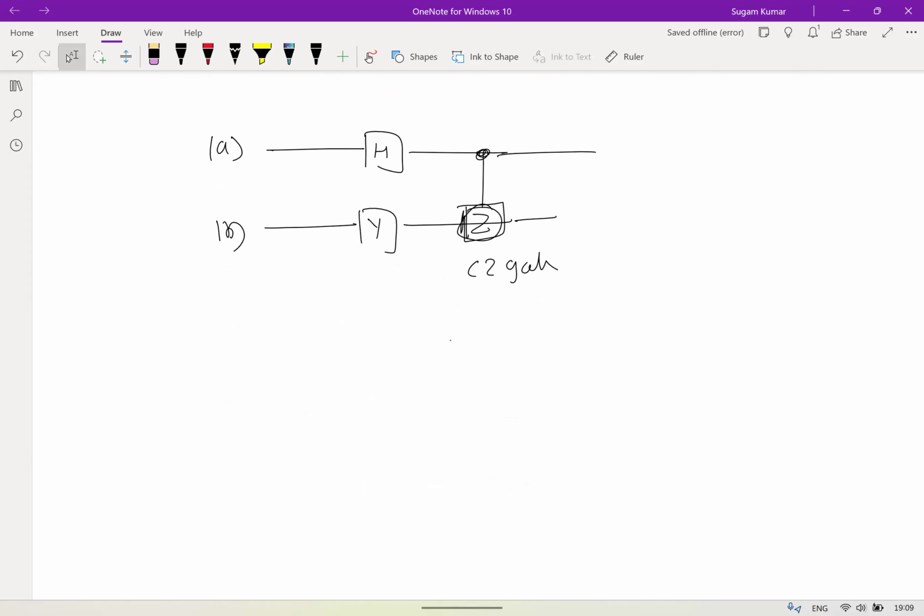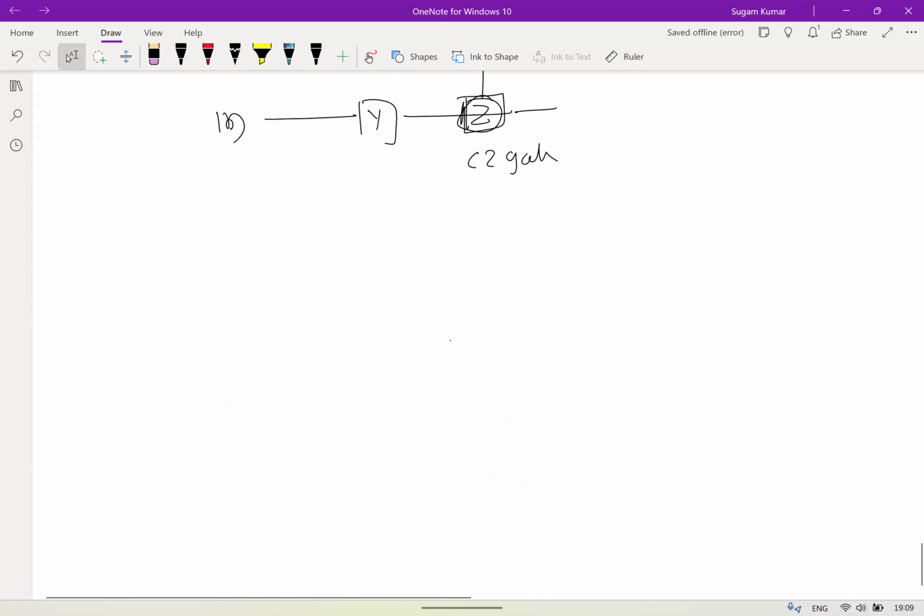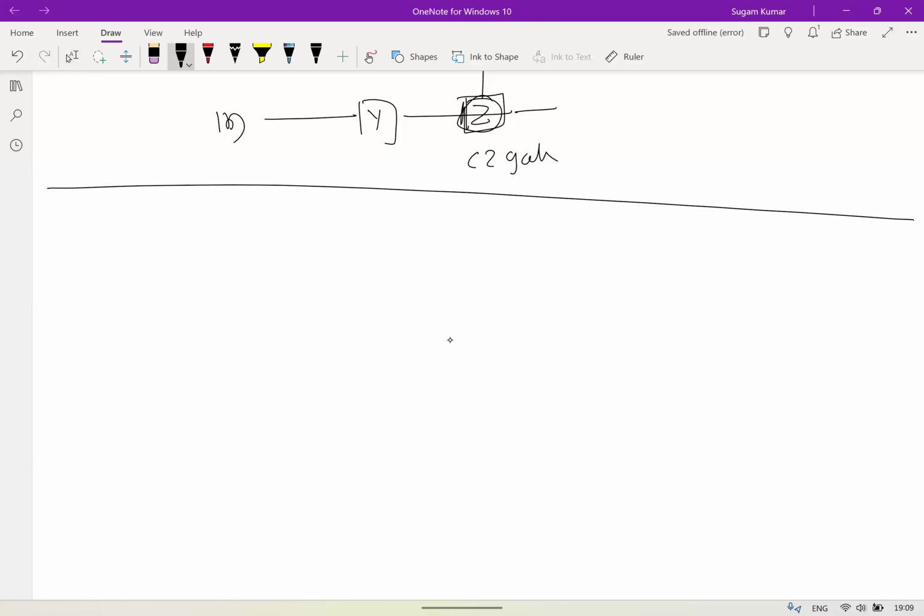And with this, then I think we can formally come to our next major topic we have to discuss today, and that is called the quantum algorithms. But before I go to the next topic, if you have any questions or doubts, we can discuss.